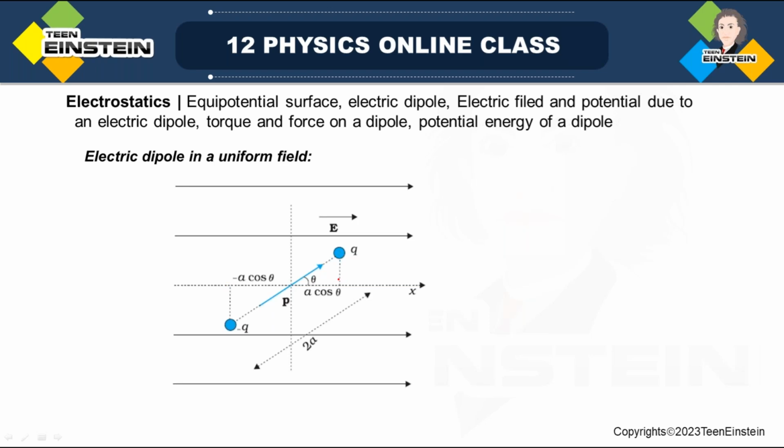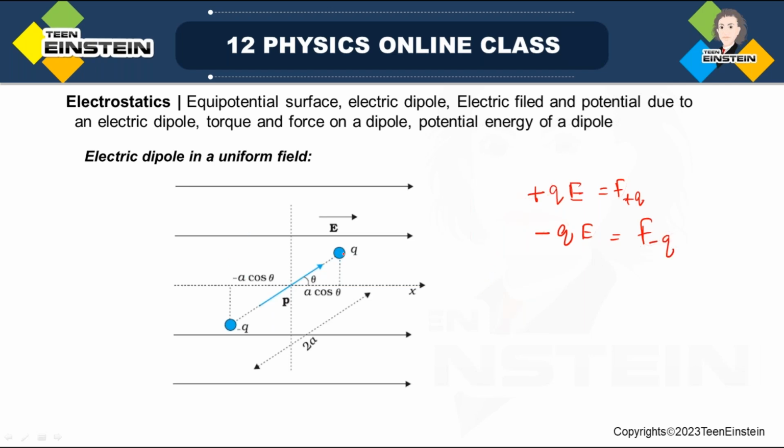The electric field will exert a force on the positive charge, and the magnitude of the force is qE. Similarly, on the negative charge it will also exert a force, that is minus qE.